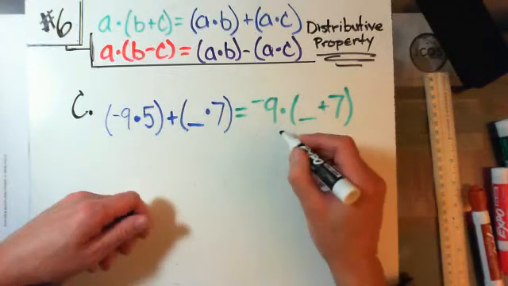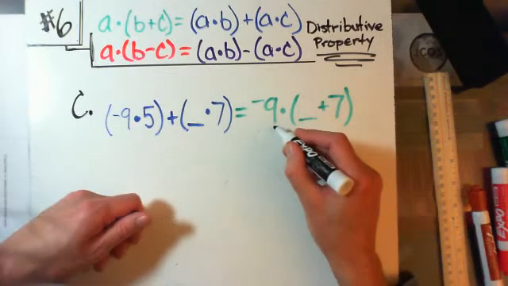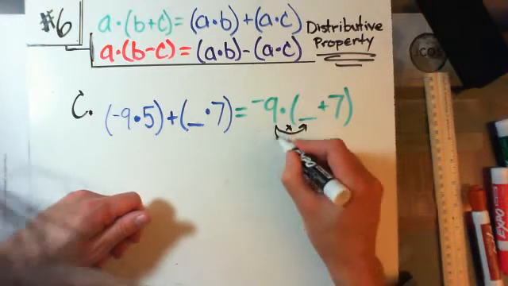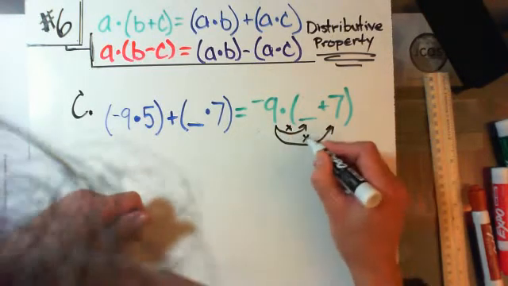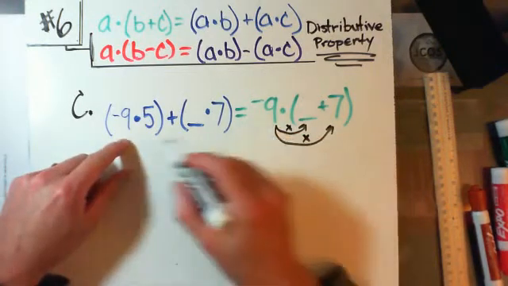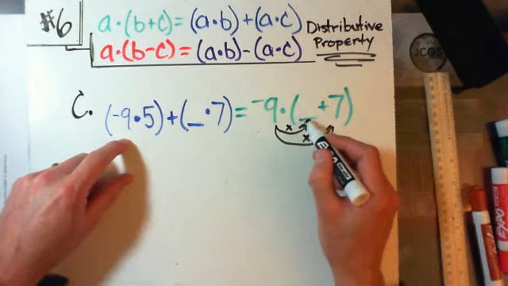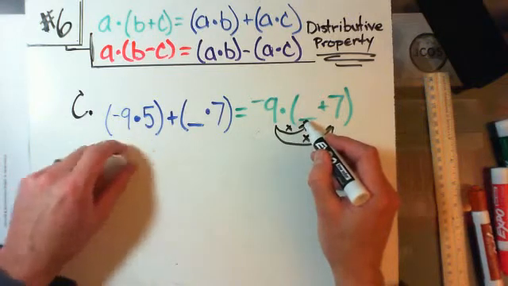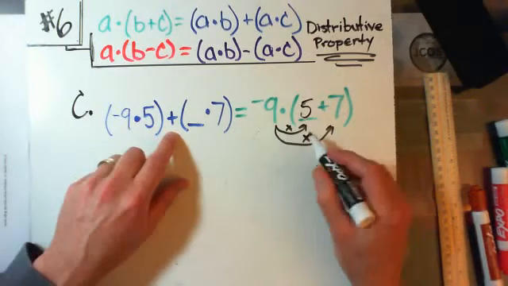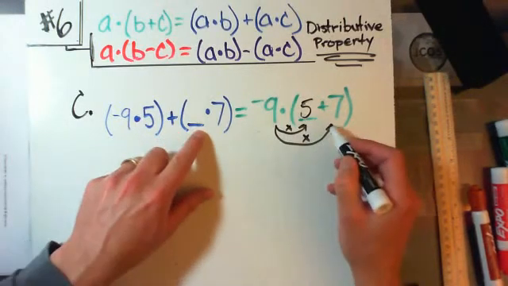We know that 9 times whatever this is plus 9 times 7 is going to equal 9 times whatever this is, 9 times 5. It must be 9 times 5, and then plus 9 times 7. Well, there we go.